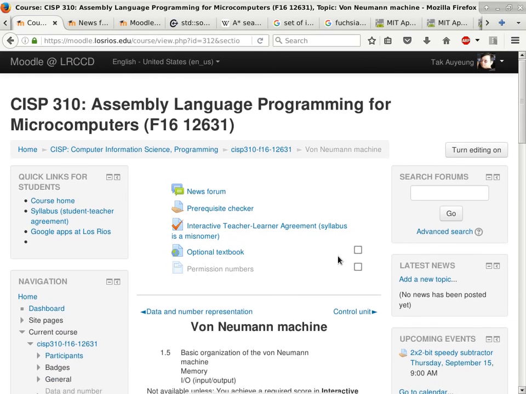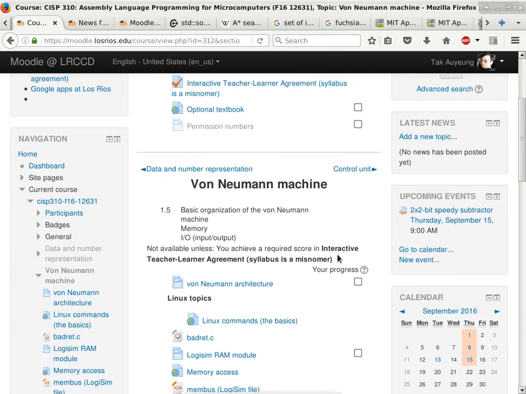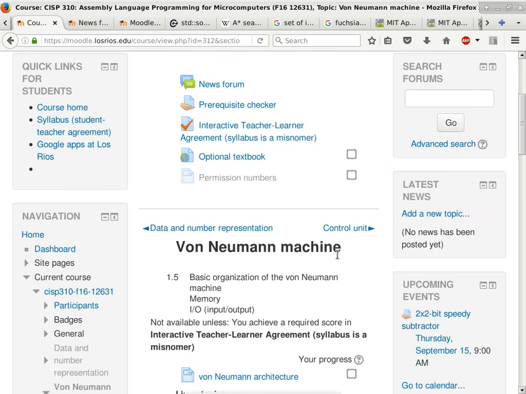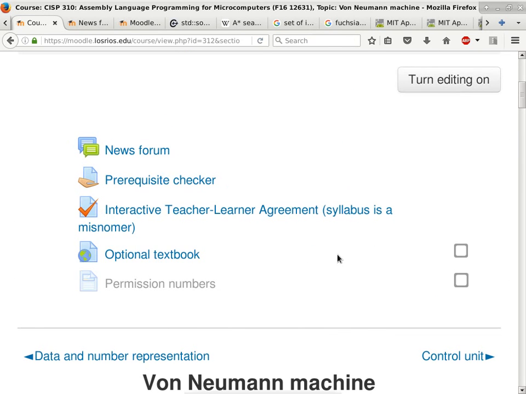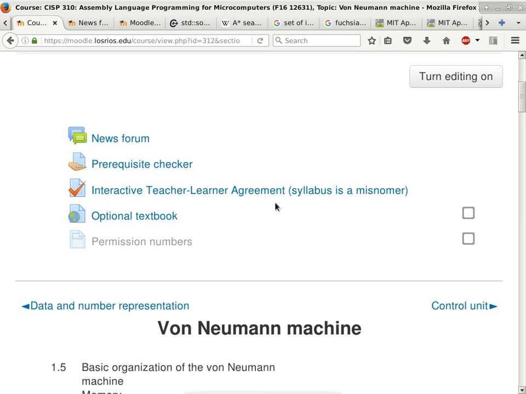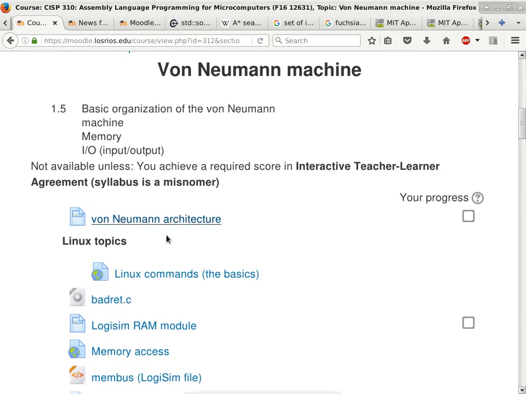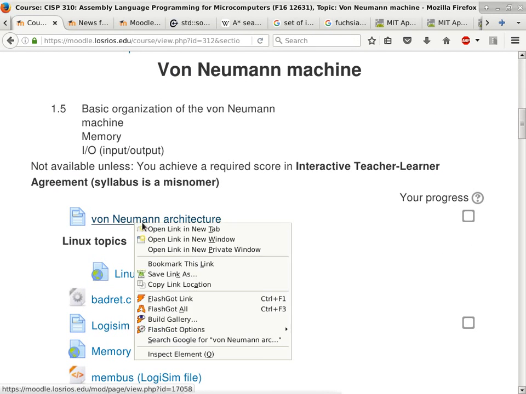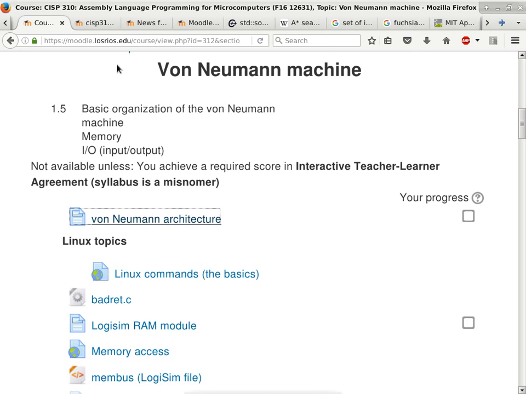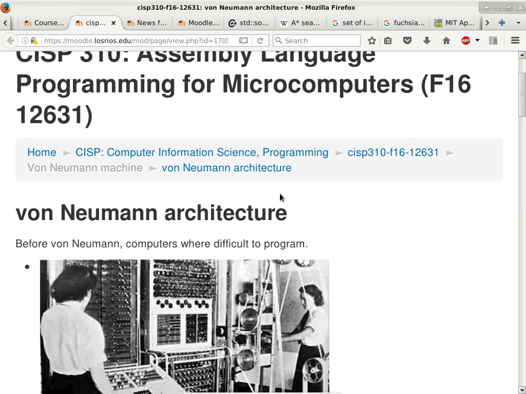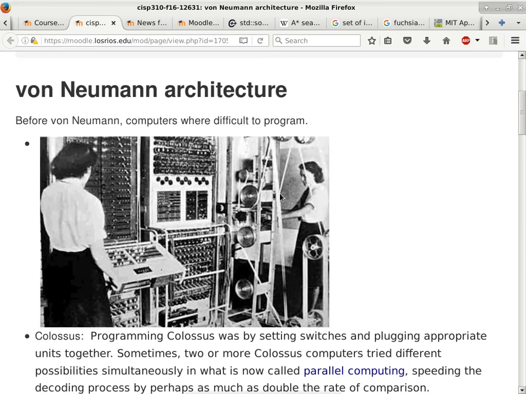The first part of the von Neumann machine topic really doesn't have a whole lot of stuff that you need to remember. Just stuff that you need to understand, like historically speaking, what makes the von Neumann model significant. So what I want you to do, not right now, but later when you have time, is to go look up old computers.